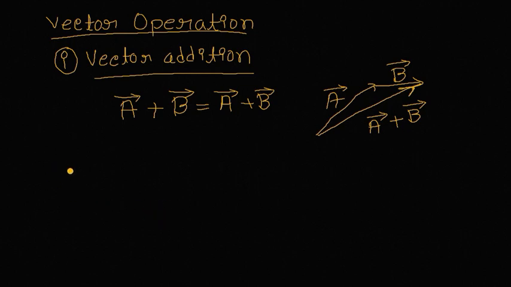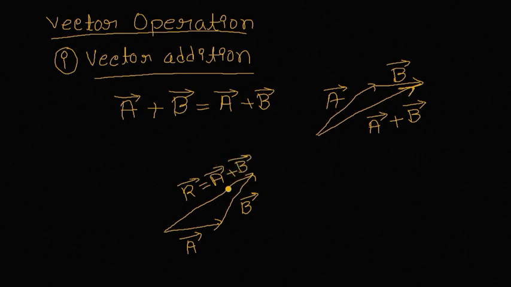If we draw a vector like this and start another vector from the head of A vector, then the resultant vector will be A vector plus B vector, in the direction of this. This is the vector triangle law.